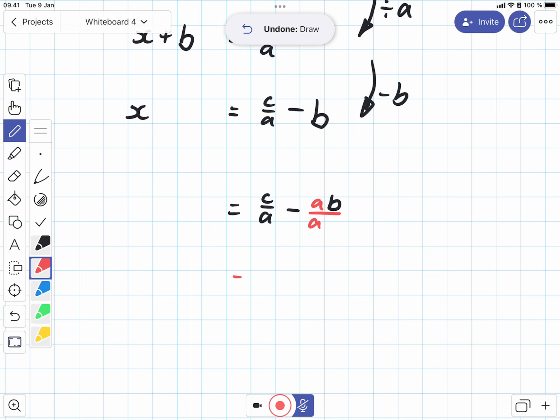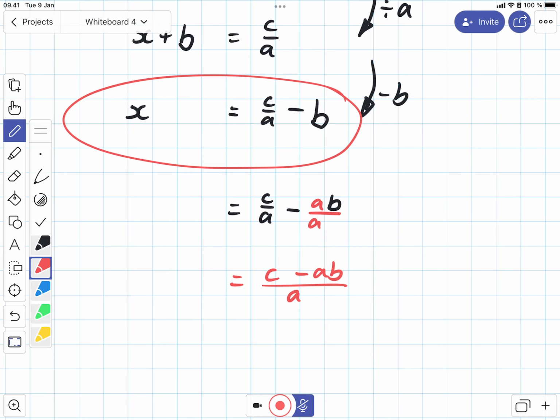Having got two fractions with the same denominators, I can write them as a single fraction over that denominator. So it's c in the first fraction minus ab in the second fraction, all divided by a. So I can either write the answer this way with two separate terms on the right, or I can write the expression on the right as a single fraction.